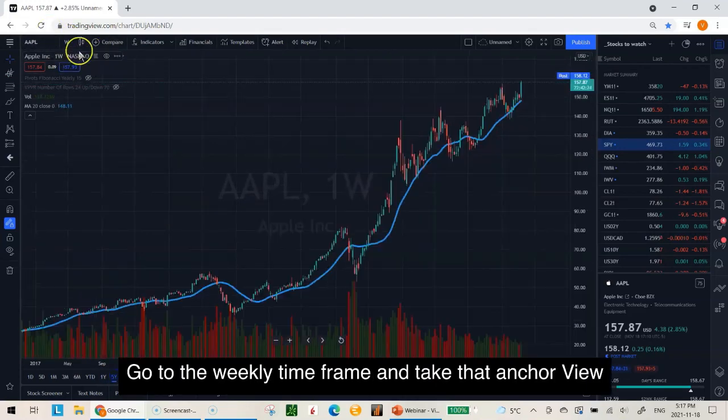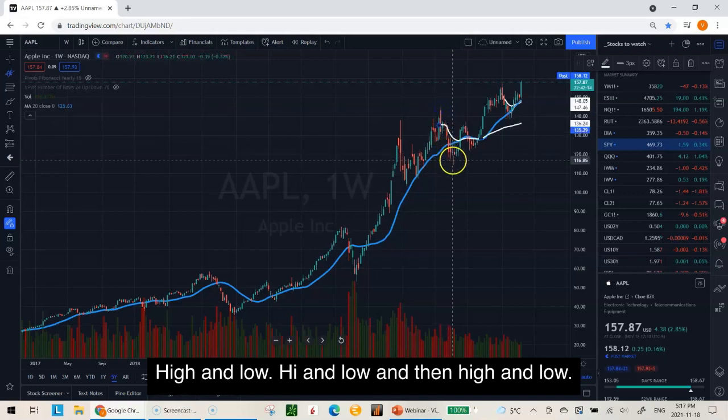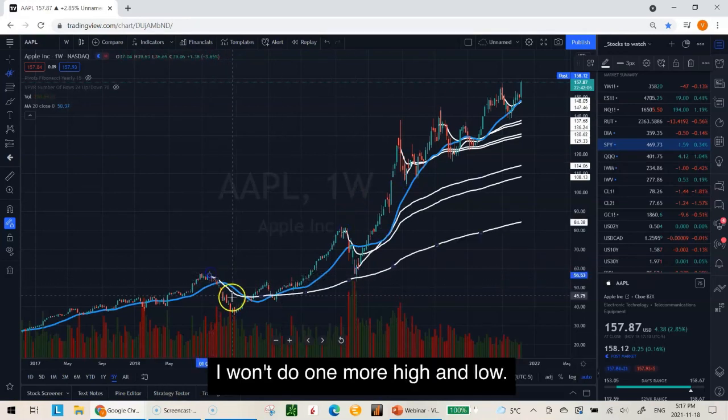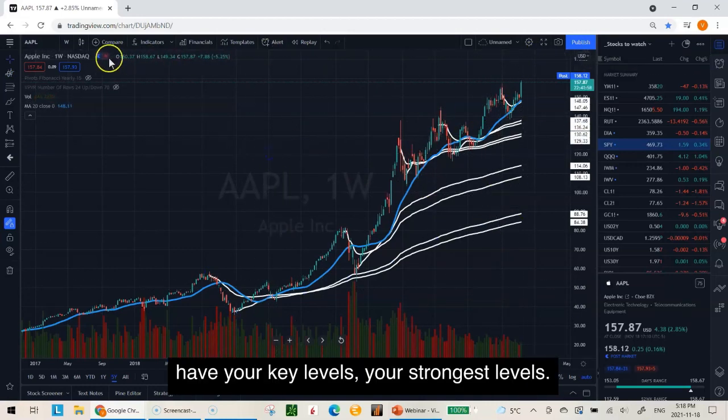The other thing you can do is, again, go to the higher time frame, right? Go to the weekly time frame and take that anchored Vwap tool and take the major highs and lows, right? High and low, high and low, and then high and low, and we'll do one more, high and low. So now, from the weekly, you have your key levels, your strongest levels.